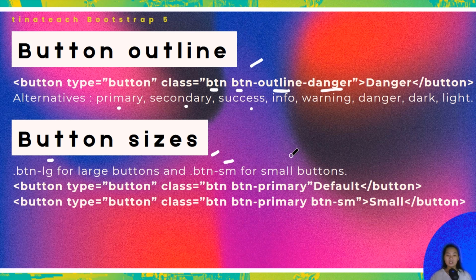It's not a foreign concept. You've also encountered this in the earliest lesson that we had, actually. So this is an example. Button type button, class btn btn-primary, right? This is the default. And then you have class btn btn-primary and then space, and you have btn-sm for small.